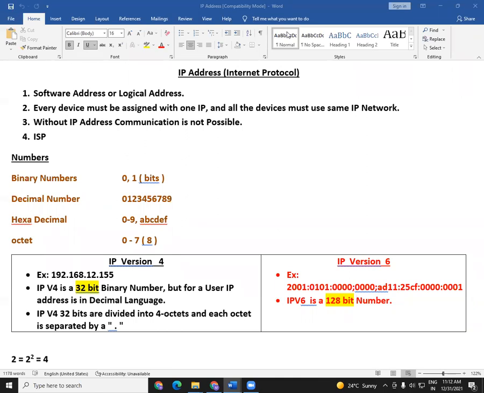Octa means what? Totally 8. So octet means a collection of 8 bits. We'll come to octets in more detail now, but as of now, I hope the three numbers are very clear: binary, decimal, and hexadecimal.